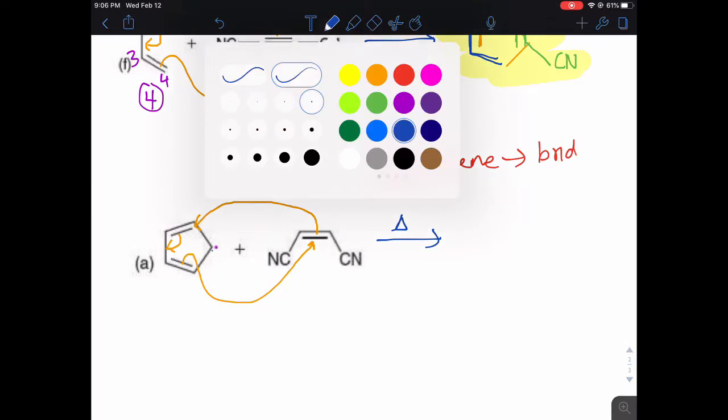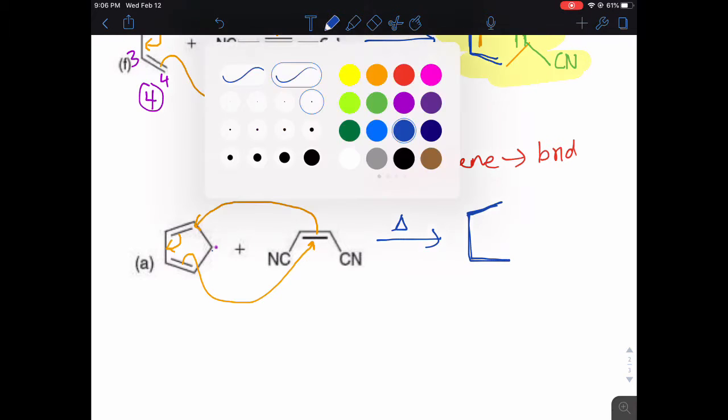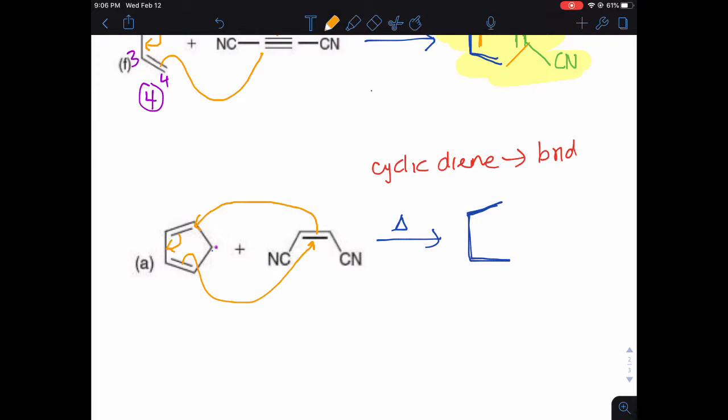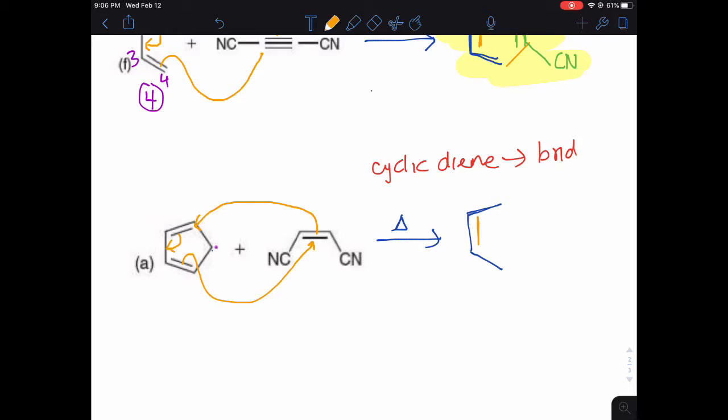So again, let's do what we've been doing. We draw that 4 carbon coming from the diene. We draw the new bond. Let me redraw this. Okay, we draw the new bond between carbons 2 and 3. Okay, we draw the new bond to the dienophile.